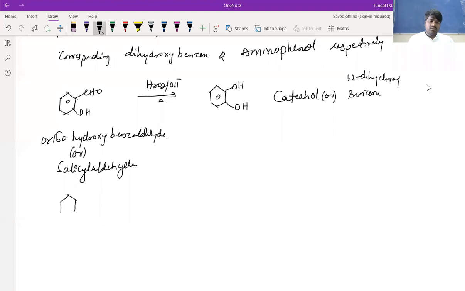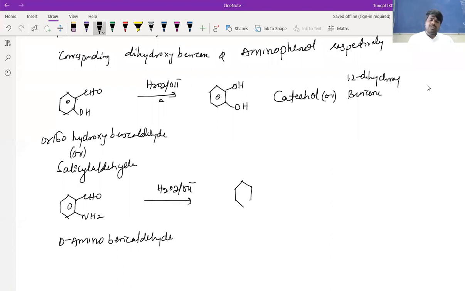Or otherwise, take ortho aminobenzaldehyde, which on reaction with hydrogen peroxide in basic medium will be converted to this.